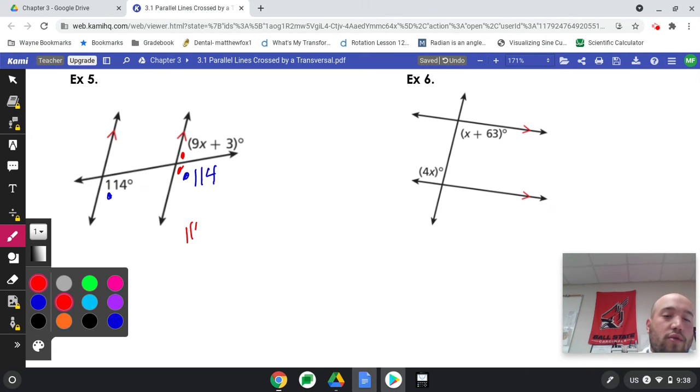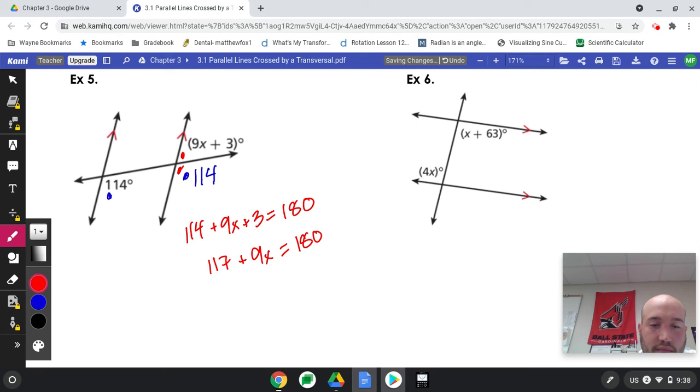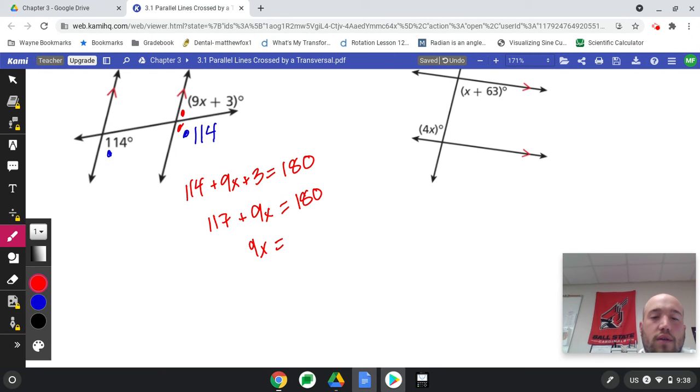They will add up to 180. We subtract that, we have 9x, then will equal 63. Divide by 9, x equals 7.